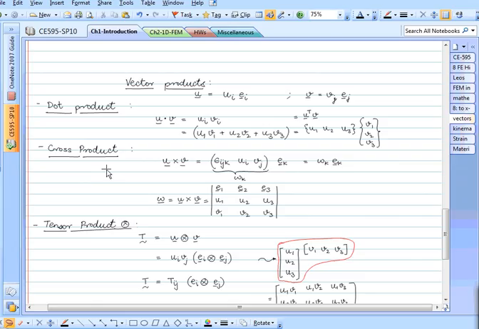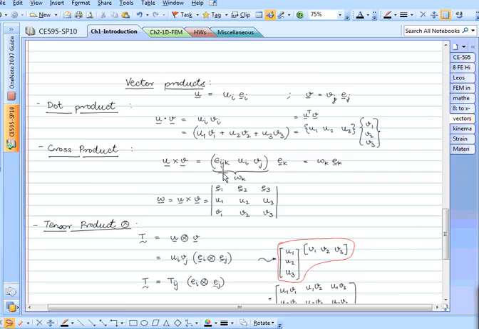Similar thing for cross product. If you calculate the determinant of this matrix, that is your cross product. And in the indicial notation, you can express this cross product in this way.